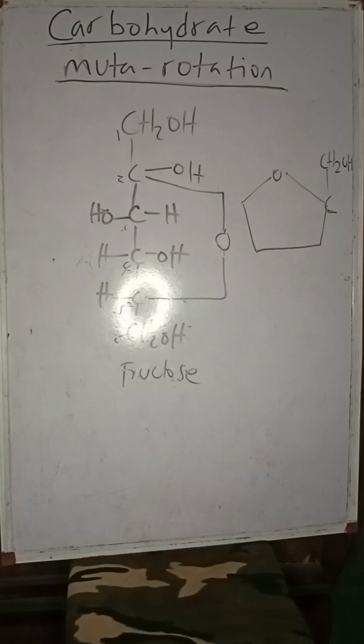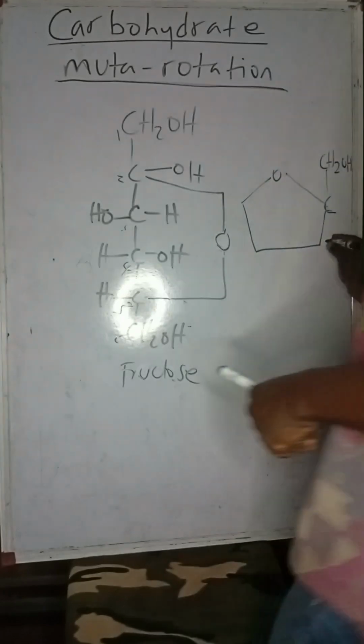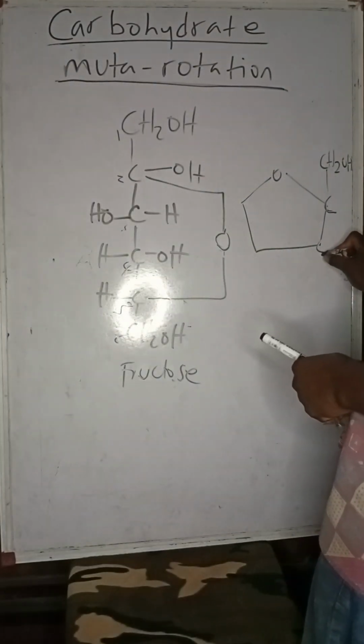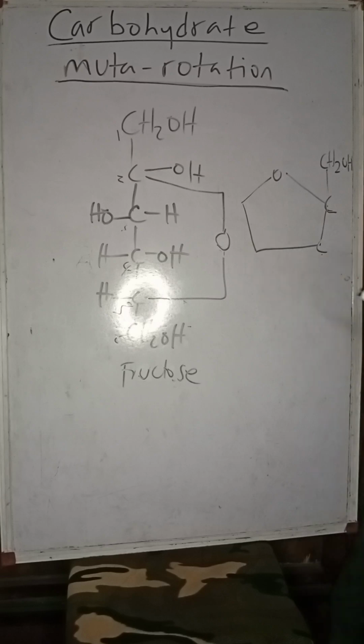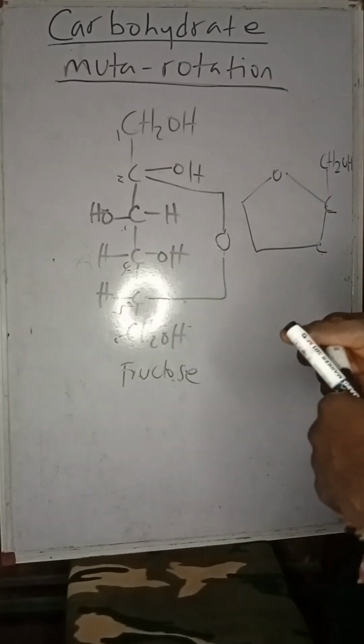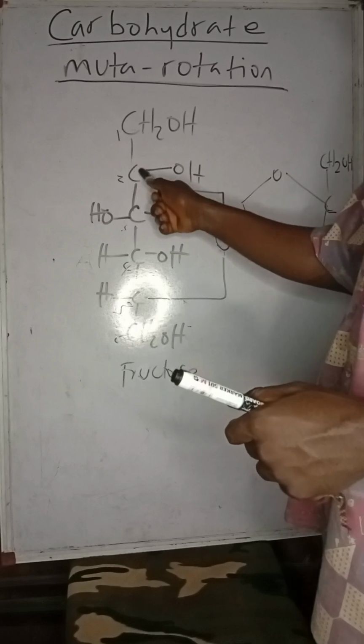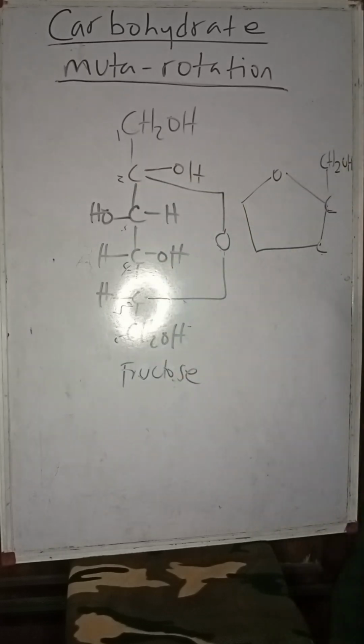So this is carbon 2. Carbon 2 has OH, and there will be an H there. Let's see, tetravalency. There's no H: 1, 2, 3, 4. Carbon 2 has 4 bonds, so it just has an OH. So this carbon 2, that's an OH.